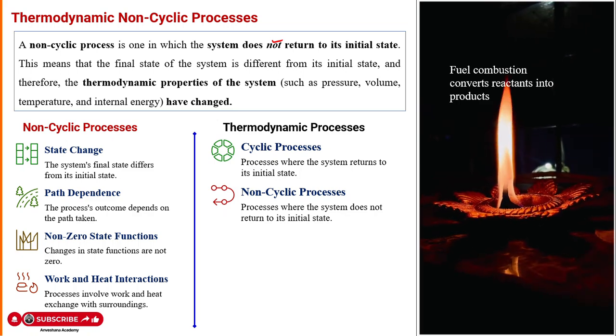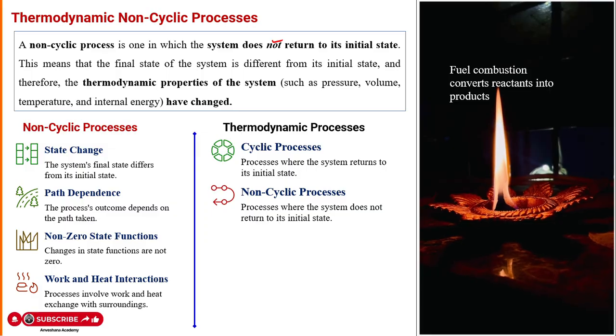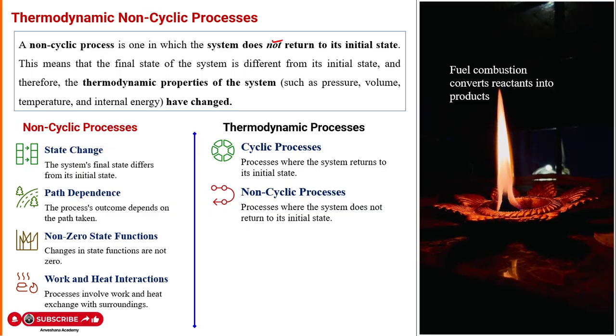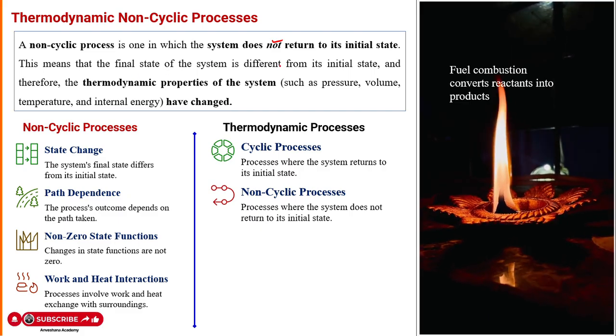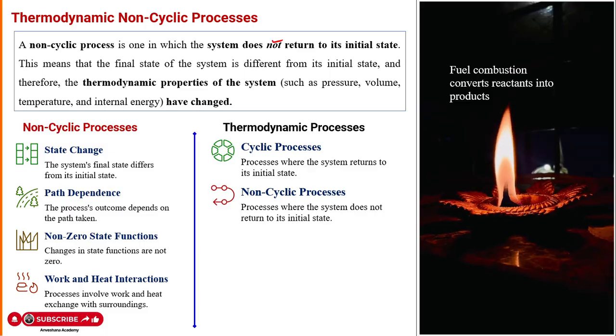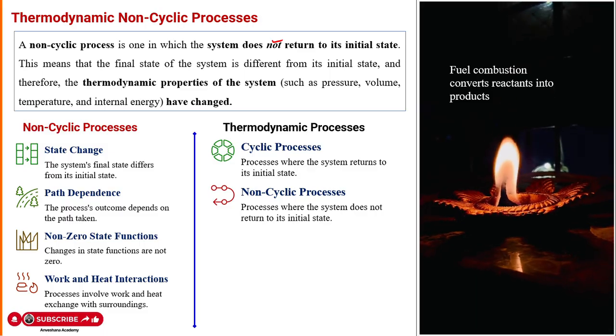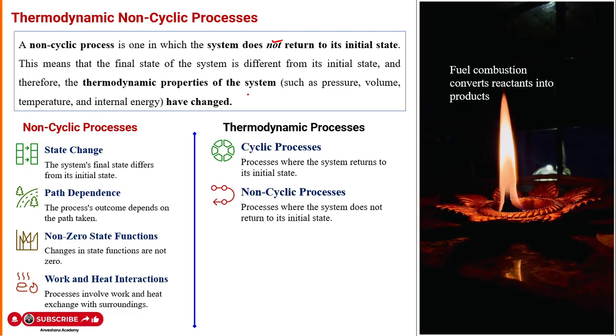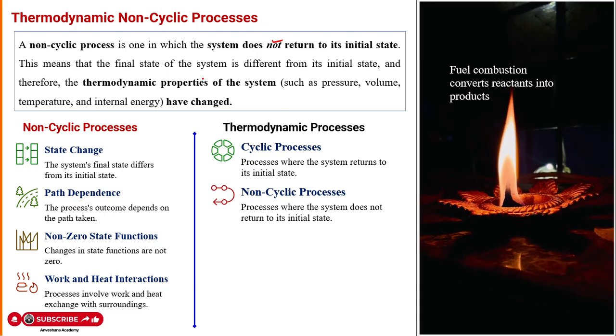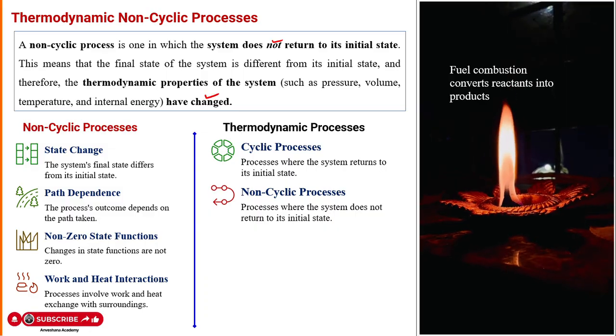But when it comes to a non-cyclic process, the system will not come back to its original position. This means that the final state of the system is different from the initial state. That means the final state of the system is not at all the same as the initial state. And therefore, the thermodynamic properties like pressure, volume, temperature, or internal energy are going to change.